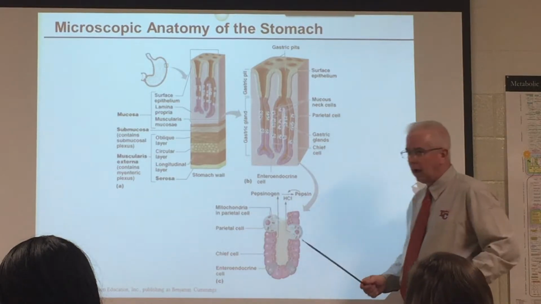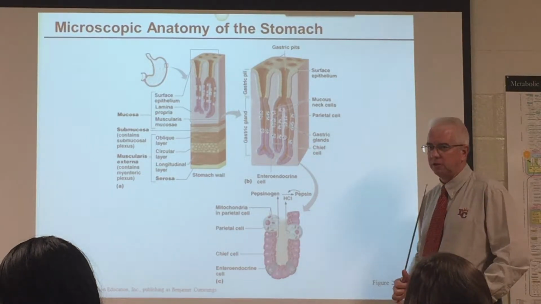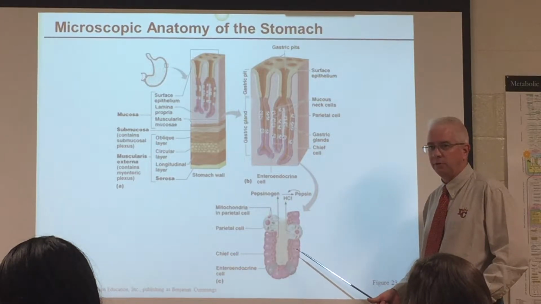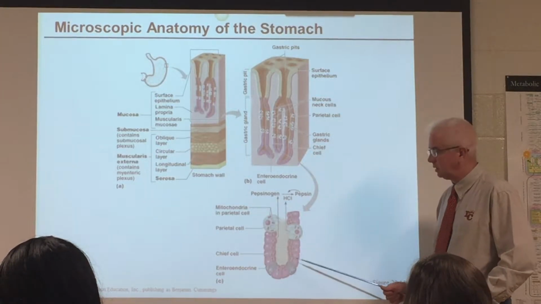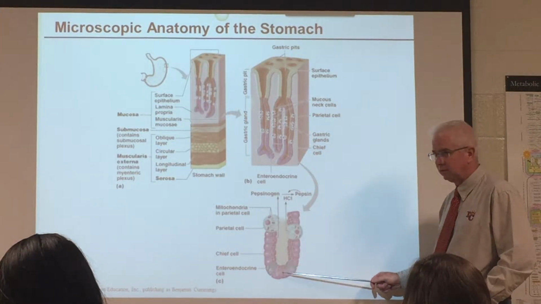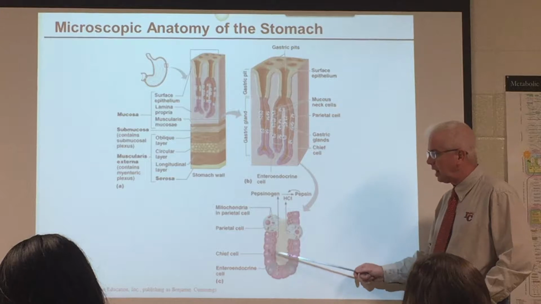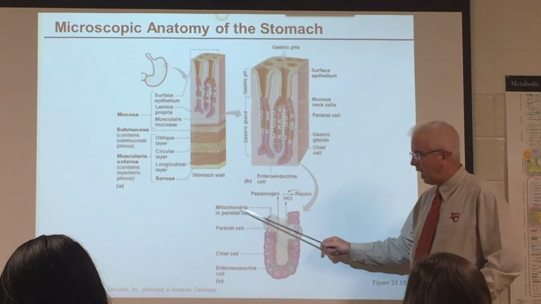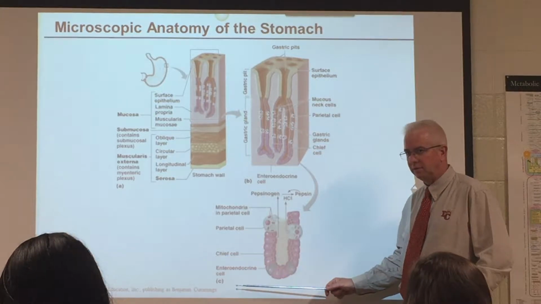Now, I have a blow-up of some of these column-shaped cells down here, and this is where it's going to have some real impact for you in the digestive system content. Because as you can see here, the various cells that are lining the mucosa, columnar epithelial cells, have different names.